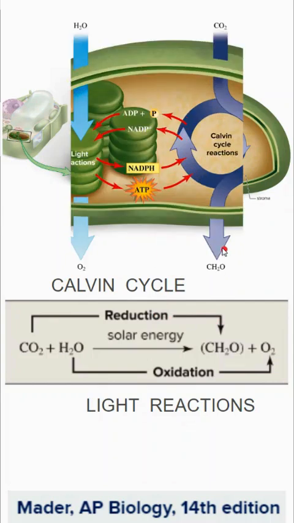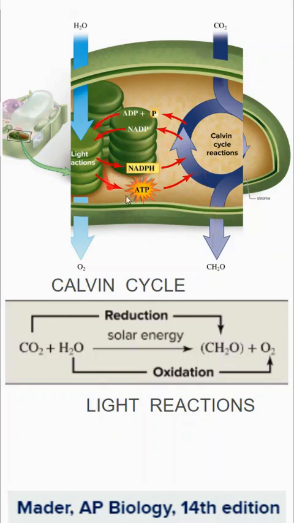But if we zoom in a little bit, this role of ATP and NADPH is really important. So with our light-dependent reactions, not only is water coming in and oxygen going out, but it's capturing that energy from the sun, storing it into ATP and NADPH, which then gets transferred into our Calvin cycle, where carbon dioxide can use that energy and be powered by that energy to create and store our chemical energy in our carbohydrates.